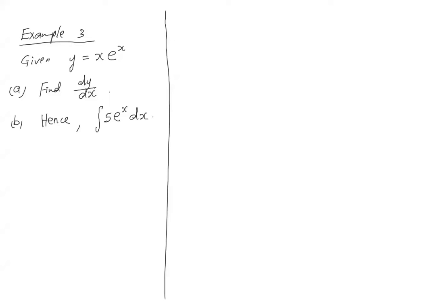Okay. So you look at how I do. First of all, I use the product rule. My y equal to x e to the power of x. So this is my u, this is my v. So dy dx equals v u prime plus u v prime.